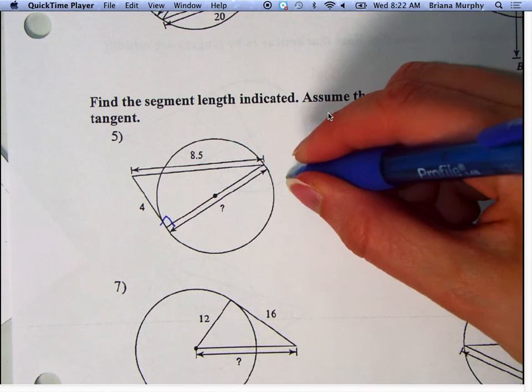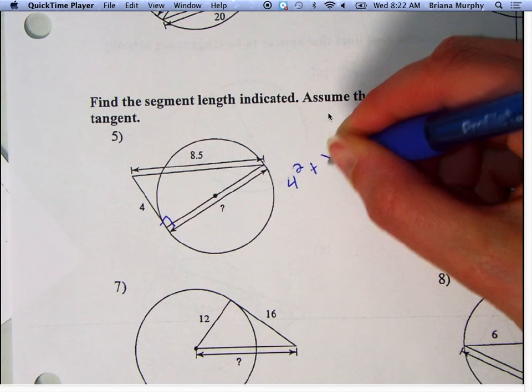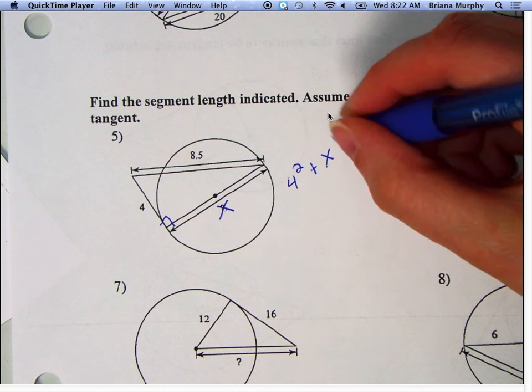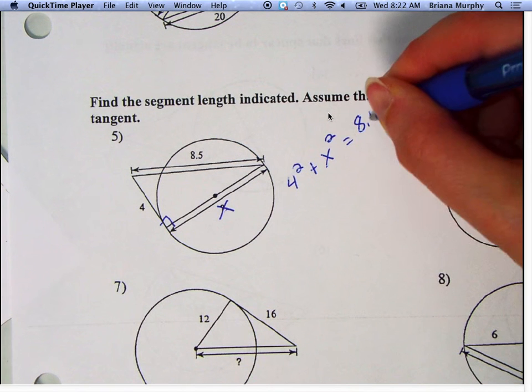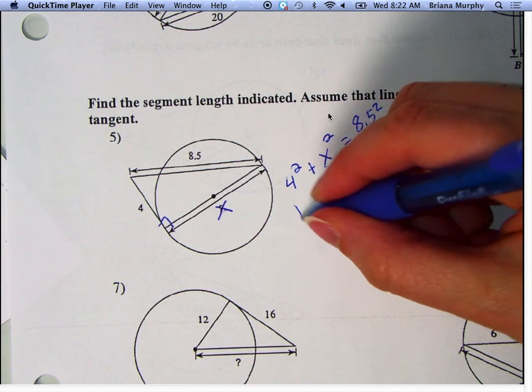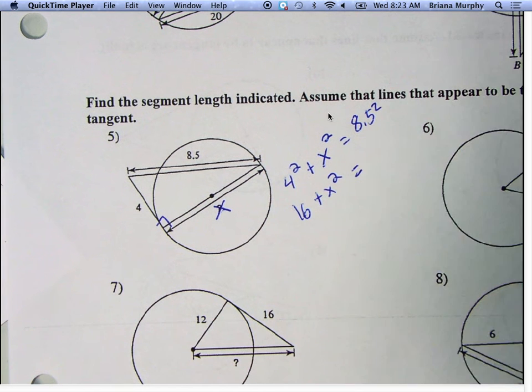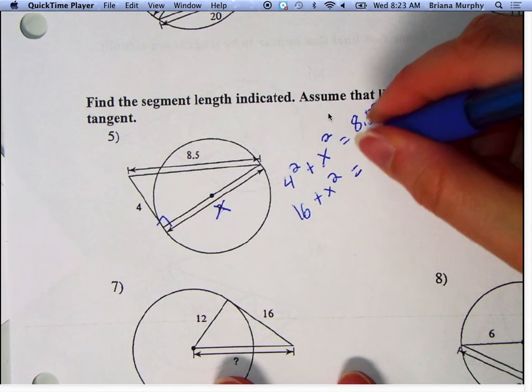So that means 4 squared plus x squared equals 8.5 squared. So I get 16 plus x squared equals, what is 8.5 squared? 72.25.